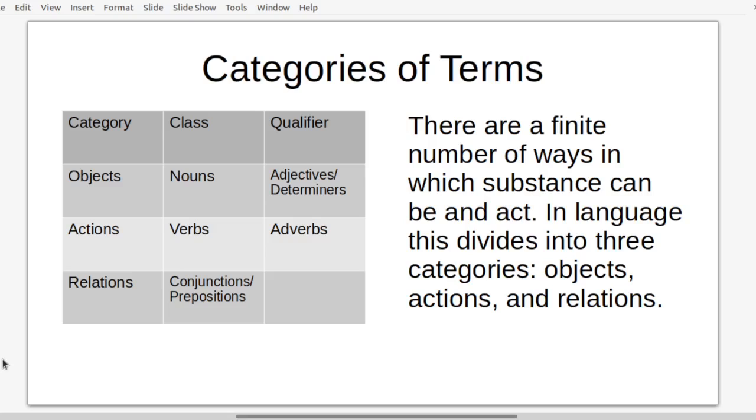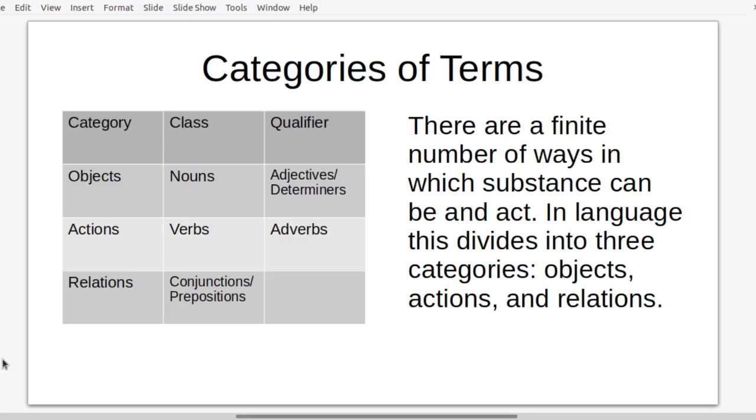We have objects, which are the things that we interact with. The actions are the ways in which we interact with them, and their relations, what relates to what and how, and then all of the things that fill in around that, which is what people typically think of when they think of, say, nouns, for example, person, place, or thing, what have you.